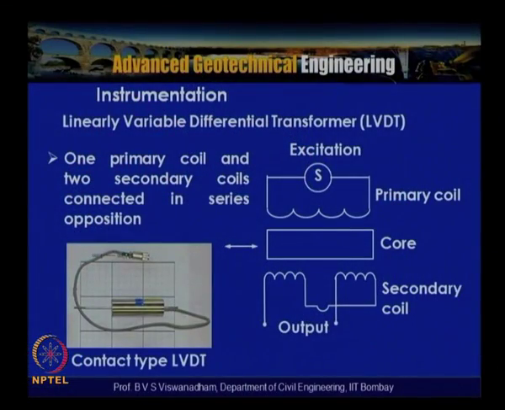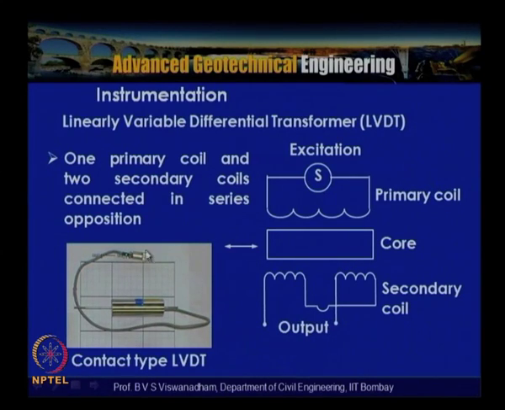Here in this slide, what you see is a linearly variable differential transformer, LVDT, wherein you have a core, a primary coil and secondary coils. One primary coil and two secondary coils are connected in series opposition. Whenever the core moves, that registers as a change in voltage, and that is measured as the voltage.